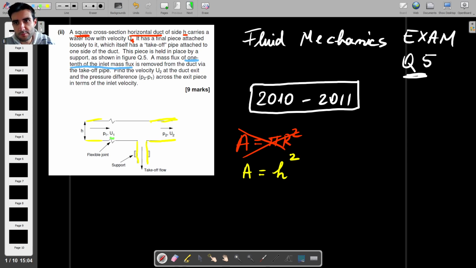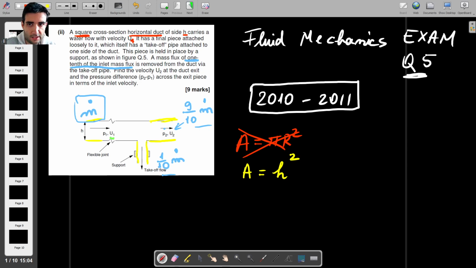So if the mass flux here is m dot, the mass flux going through the takeoff pipe is 1/10 m dot, which means that, because conservation of mass is a thing, the mass flow rate through this is going to be 9/10 m dot. The sum of those two has to be the same as the inlet mass flow rate.